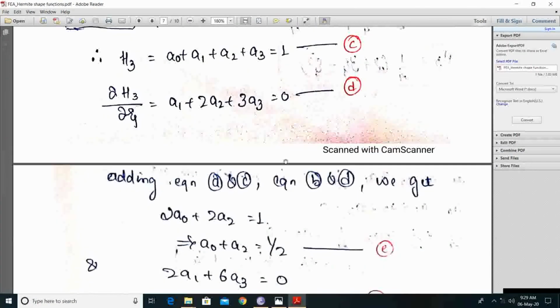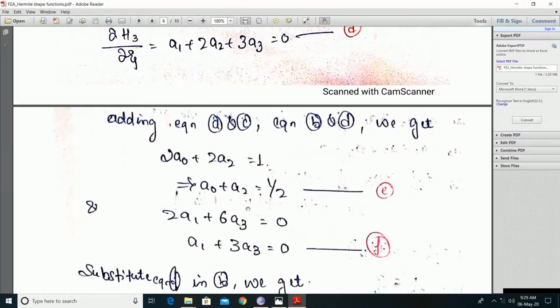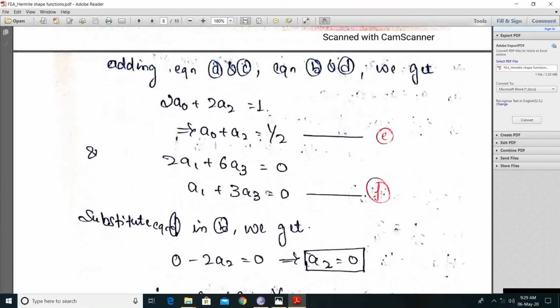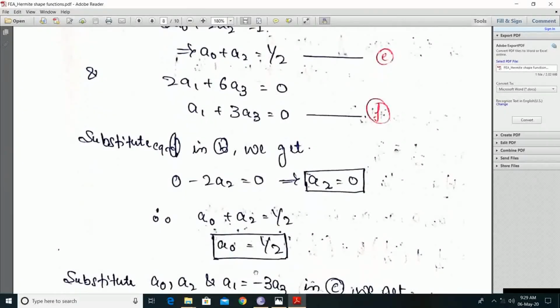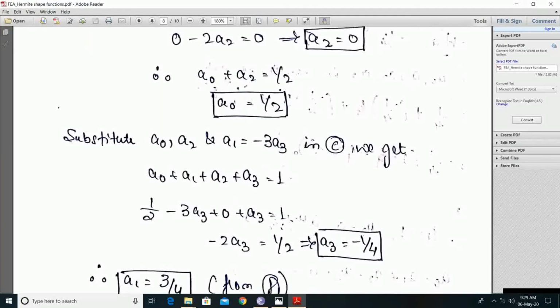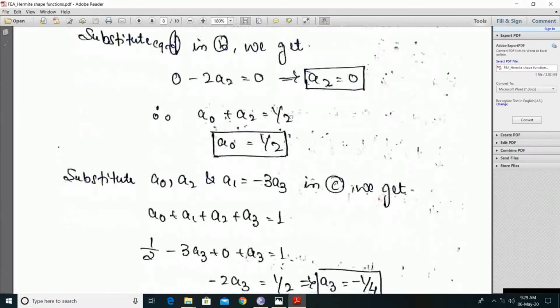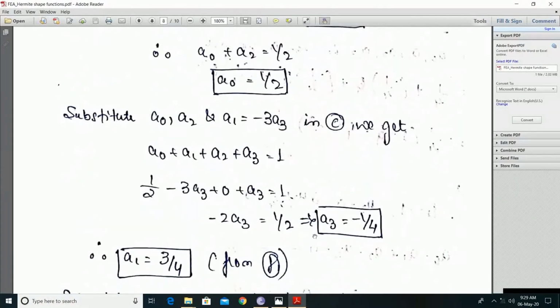Again adding A plus C and B plus D, you will be getting a0 plus a2 equal to half, a1 plus 3a3 equal to 0. So again when you substitute F in B, we get a2 equal to 0 and then a0 equal to half. Then when you substitute a0, a2 and a1 equal to minus 3a3 from equation F in equation C, you will be getting a3 as minus 1 by 4 after simplifying.